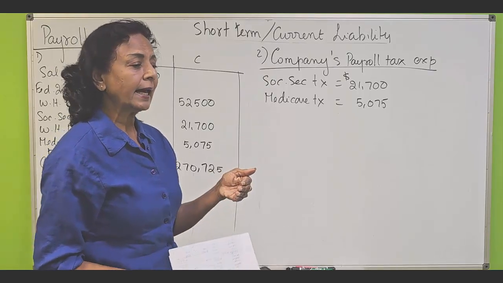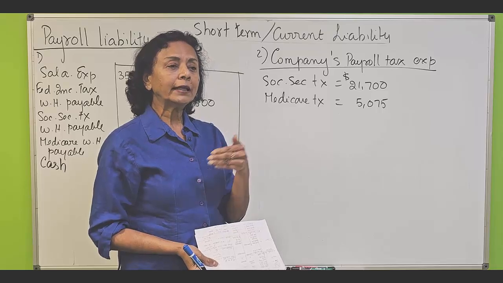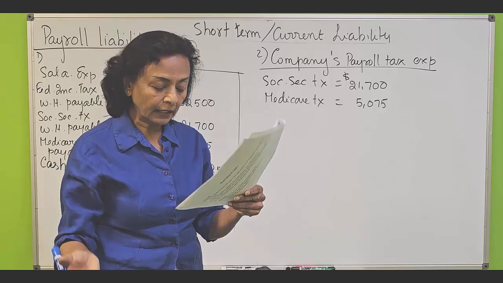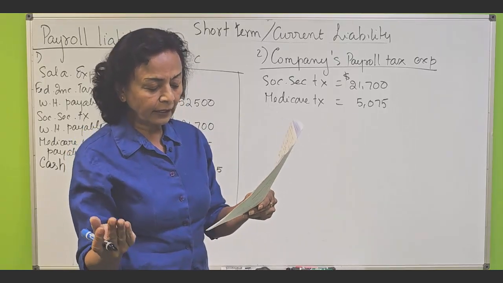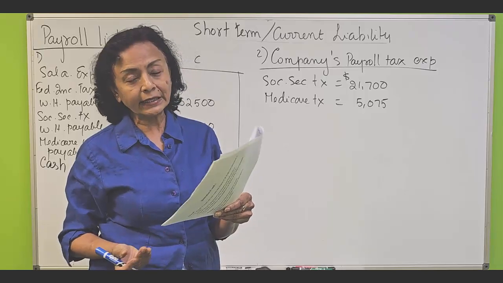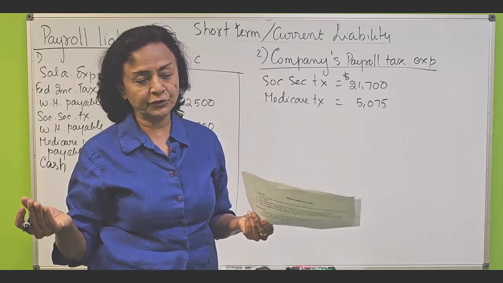Now unemployment tax, how much is the federal and how much is the state, depends upon the agreement between the state, the specific state, and the federal government. Usually the federal unemployment tax will be 0.6%, and the state unemployment tax will be 5.2%, okay?